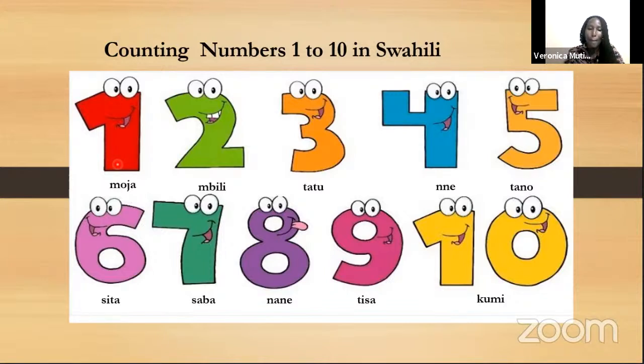Saba, nane, tisa, kumi. Wow. So it's your turn, Shannon. Moja, mbili, tatu, nne, tano, sita, saba, nane, tisa, and kumi.